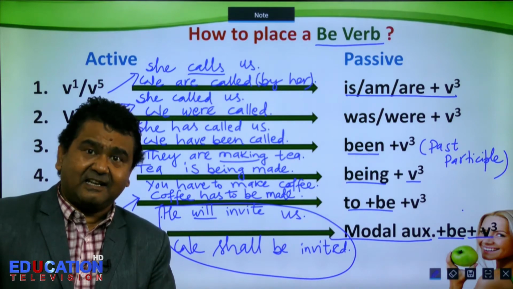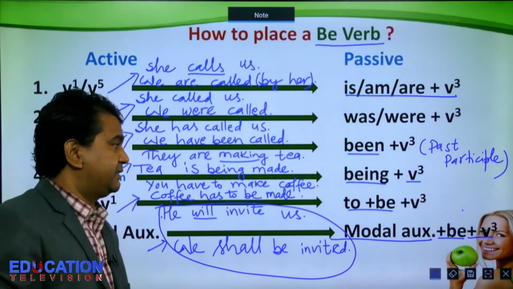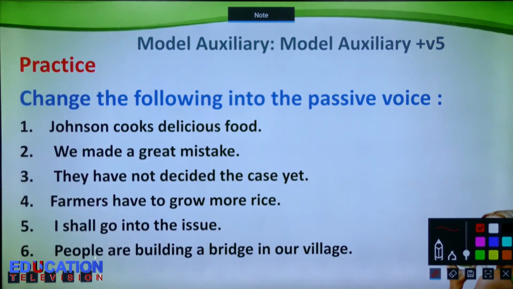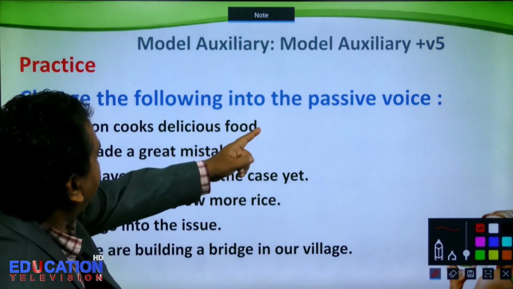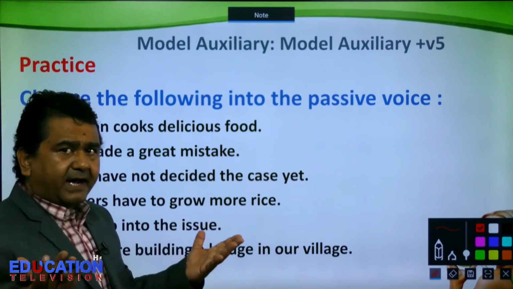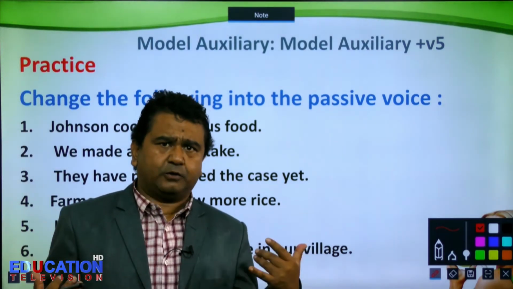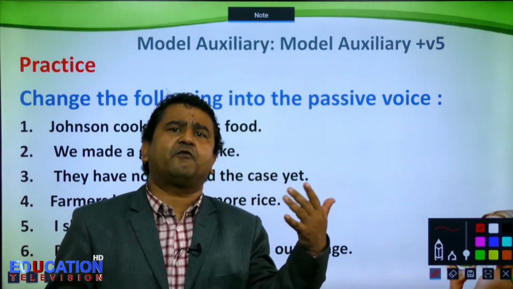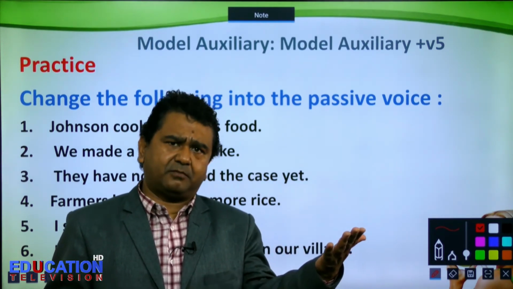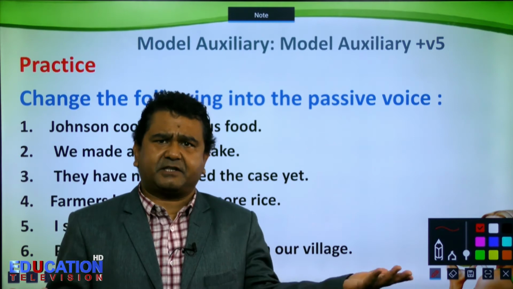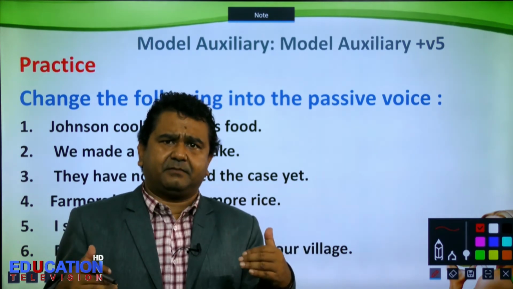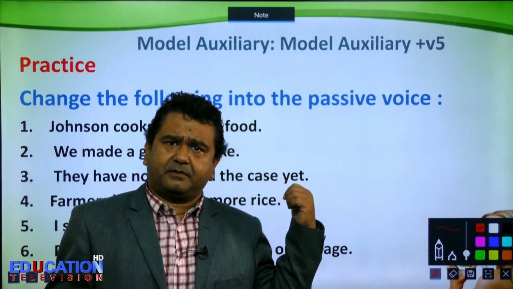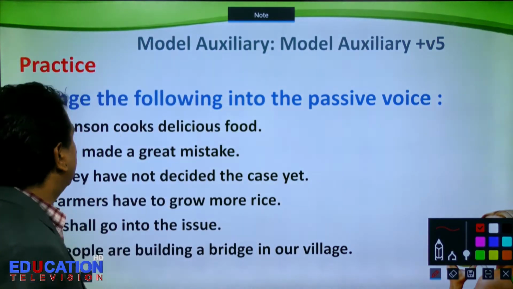All right? Let us see some more examples. Well, change the following into the passive voice. We have already learned the rules. What to do if there is V1 or V5, V2, V3, ing form, to infinitive, etc. Now is the time to convert the sentences into passive. Let us do some practice.